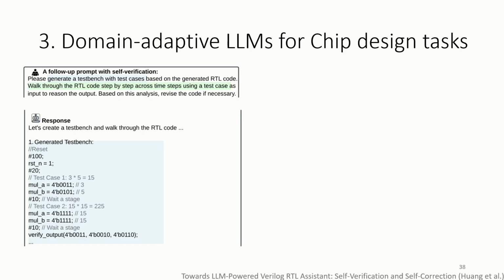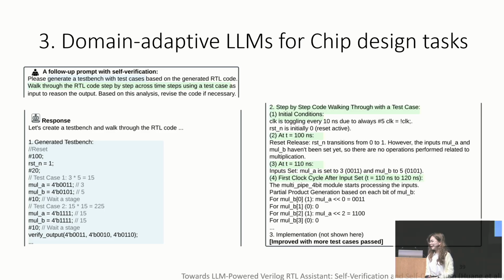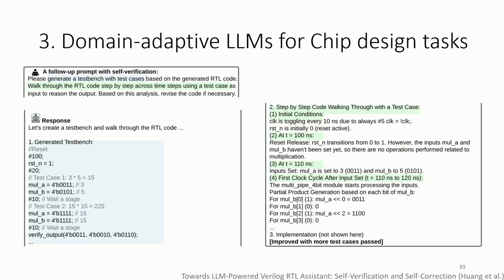Similar to the RTL code generation task, testbench generation is also a specific case of code generation, so the generated code can be erroneous or buggy. Later on, it will conduct a step-by-step code walkthrough based on these input cases, for example, in different time steps, what the intermediate states of different variables will be across these time steps.